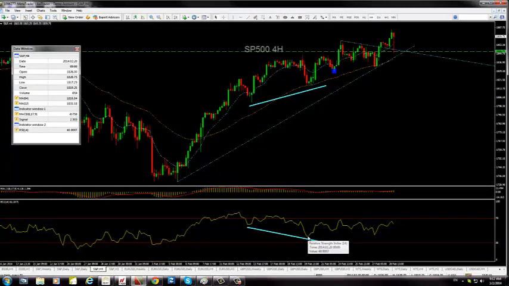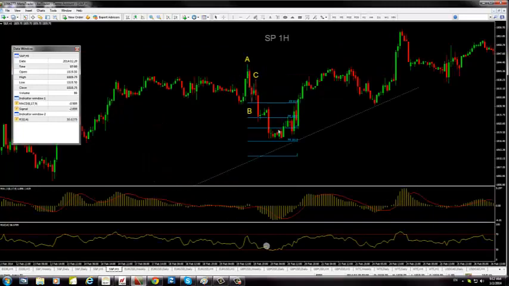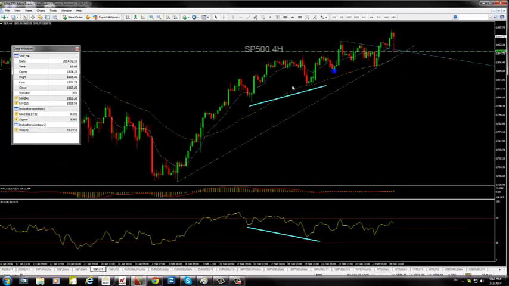HD means hidden divergence. And we hit the 1 hour expansion. Even if you took it on the 100 expansion, the OP, you still had to take some heat, but eventually it went very well buying this dip.